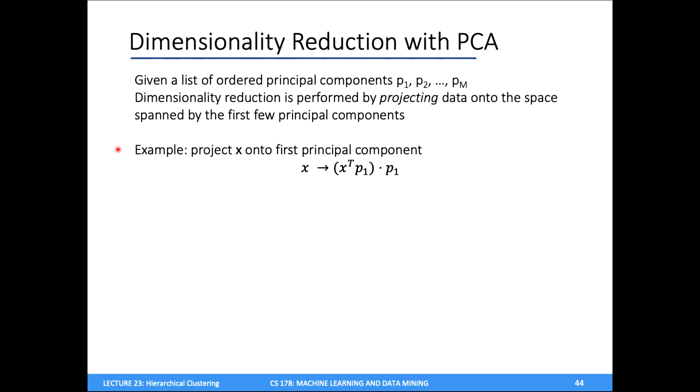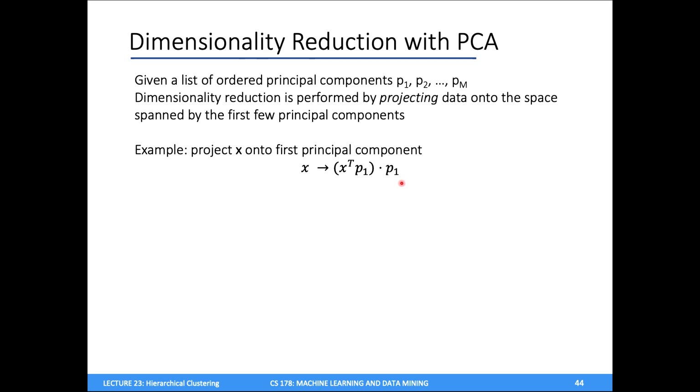So, for example, if I have a data point x, and I'd like to project this onto the first principal component, what I can do is take that data point x and take the dot product between that vector x and the first principal component. This dot product is just some scalar number, so x transpose p1 is just some real value. And I multiply that with the vector p1.